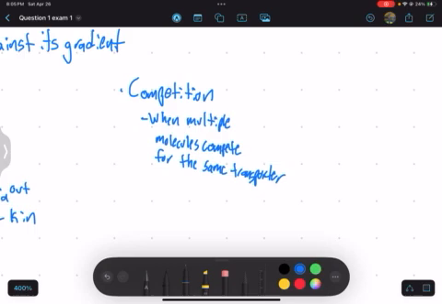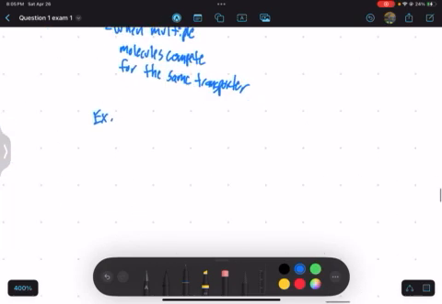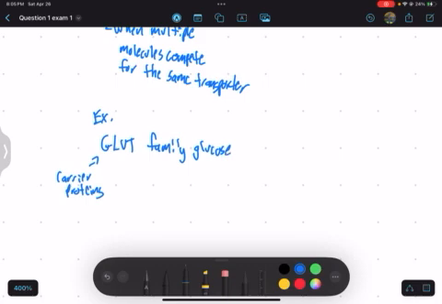An example of this is the GLUT transporters, which are carrier proteins. These are family glucose transporters.